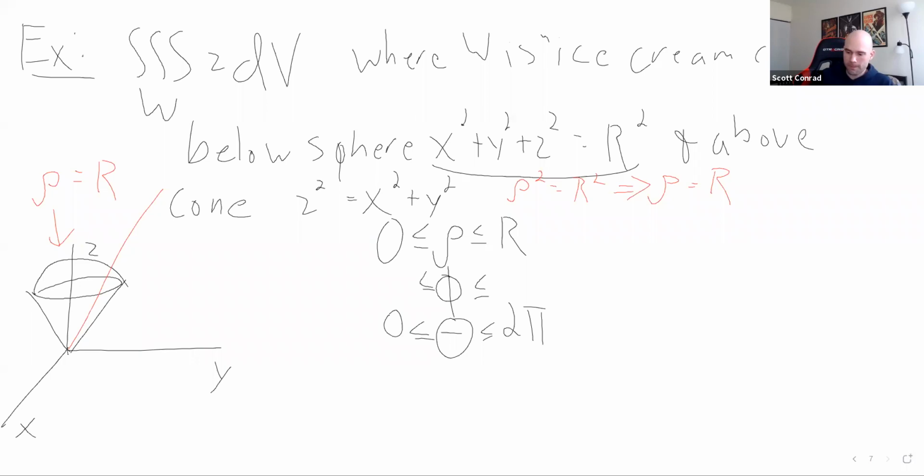Okay, so phi. Remember, always think of phi as starting on the positive z-axis at 0, and as phi increases, we're opening up a cone. So if you have points on the positive z-axis, phi is bounded below by 0. Open it up until we hit the cone, and that's the furthest phi goes, right?